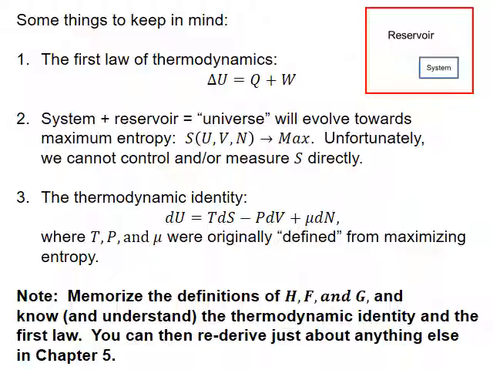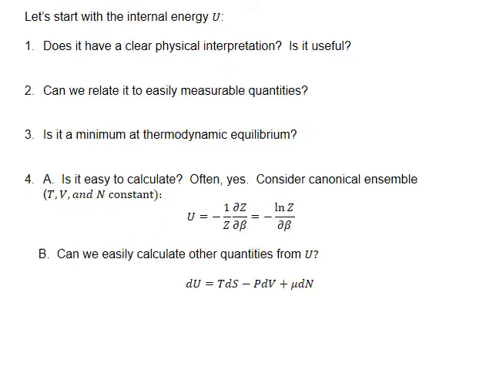Okay, so now let's look at the internal energy U. The first item on our wish list, it's pretty clear: it does have an obvious physical interpretation. There are some points of judgment, like what we choose to include in the internal energy.